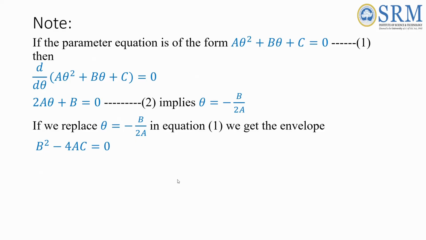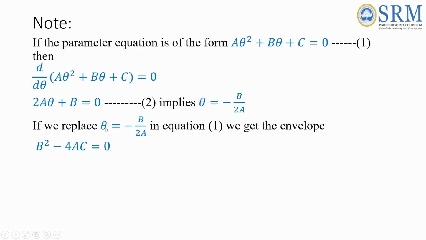Sometimes the parameter family of curves can be written in the form aθ² + bθ + c = 0. If we differentiate this with respect to θ, we get 2aθ + b = 0. From this, θ = -b/(2a).